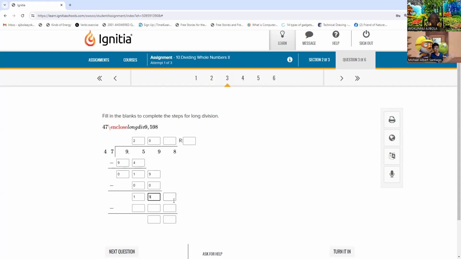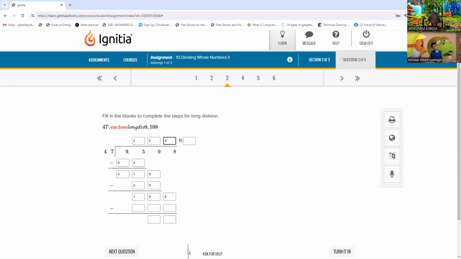Then if you put zeros here, you still have your 19. Is that clear? Yes. Then the next digit is 8. So how many 47 can I see in 198? I can see 4, okay?